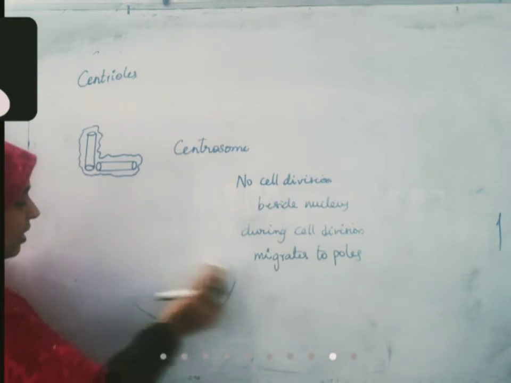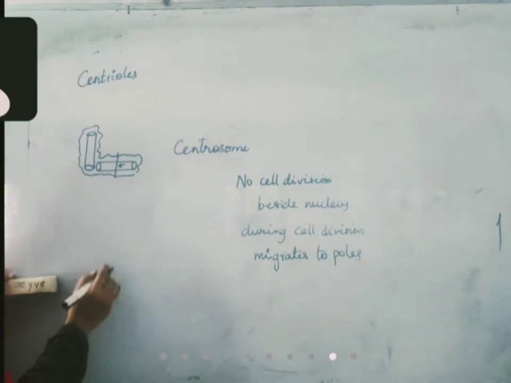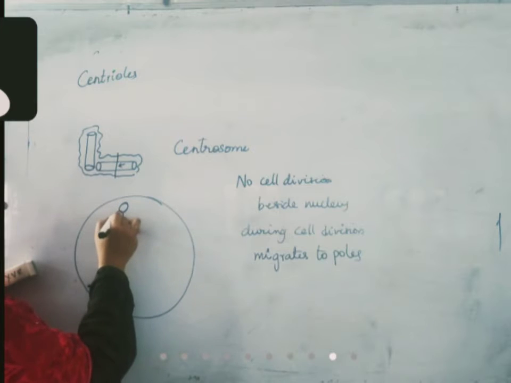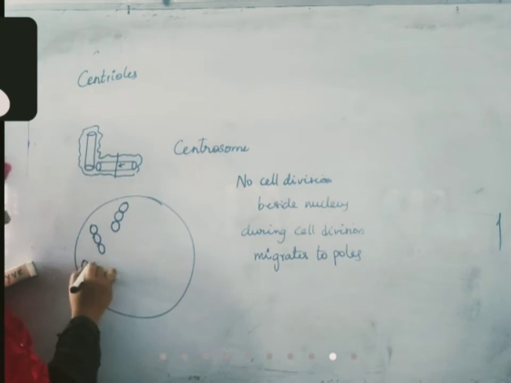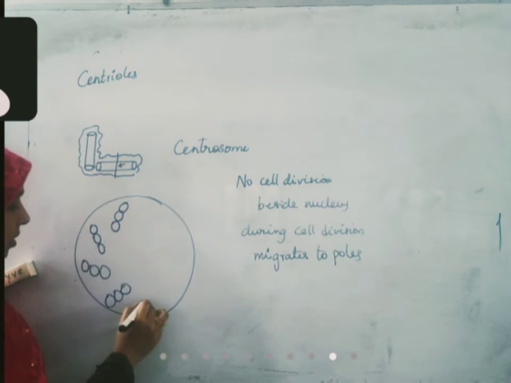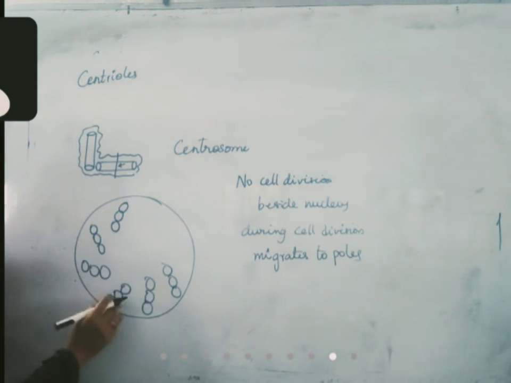If you cut any of the centriole and observe the TS of this from this angle, it is again a central body which is having 9 triplets arranged like this. One, two, three, four, five, six.